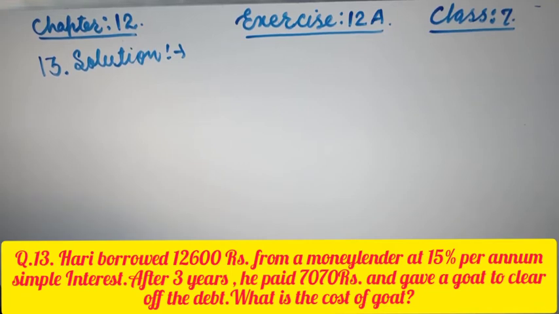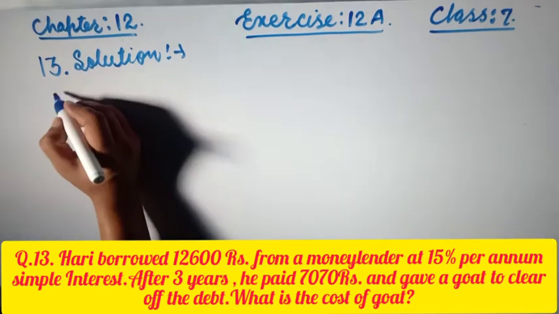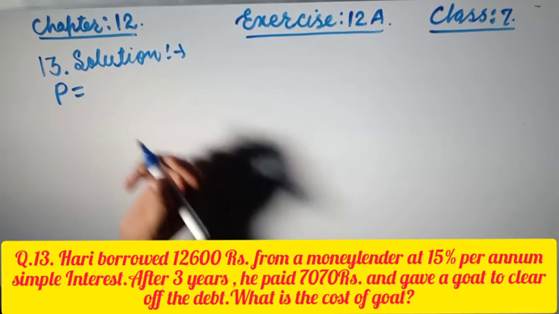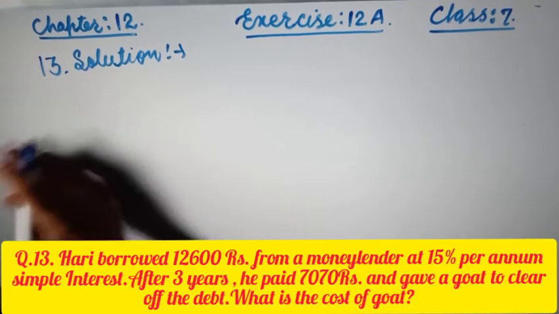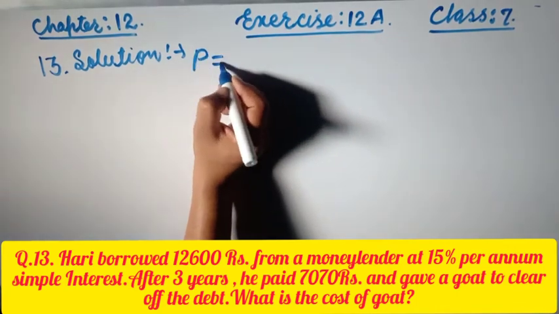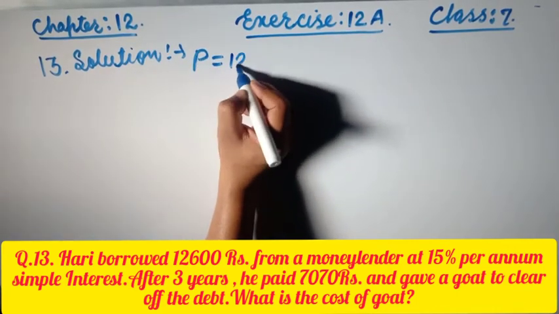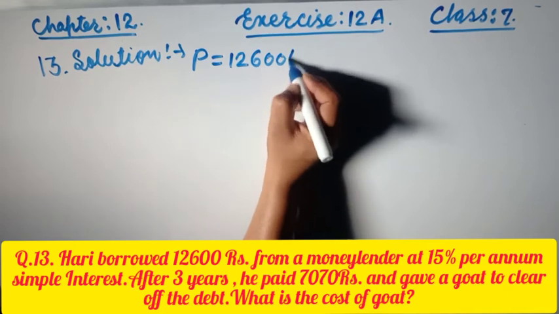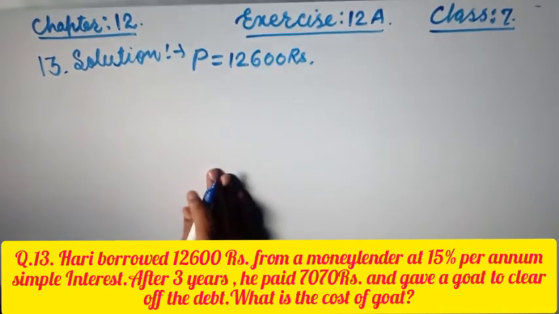Very simple friends, because the question is saying that Hari borrowed the amount. The borrowed amount means the principal. First write the given points. Here the P is equal to 12,600 rupees. So this is the borrowed money, money lender at 15% per annum.